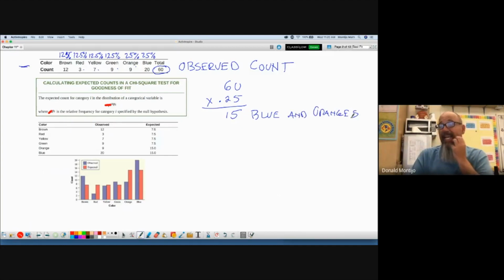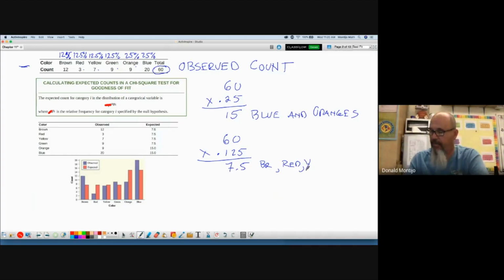That's what we expected to happen. And then we could figure out how many browns, reds, yellows, and greens we expected by doing 60 times 0.125. We expected 7.5 of the candies to be brown, 7.5 to be red, 7.5 to be yellow, and 7.5 to be green. So that's where we come up with this expected count. What is the hypothesized percentage? What is the claim? They tell us.